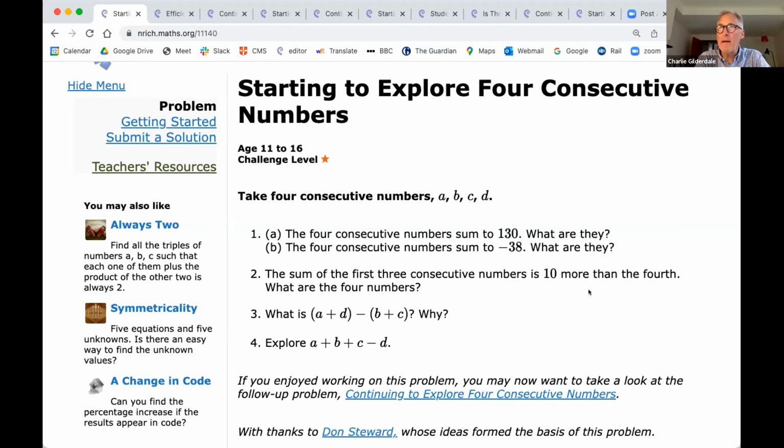We're hoping that more than one strategy gets used to solve this problem. So in the chat, perhaps you could not only put the solution about what the four consecutive numbers are, but say something about how you went about solving it. I'll be quiet now and give you a few minutes to think about it and work on it.